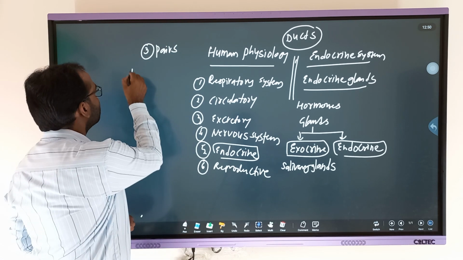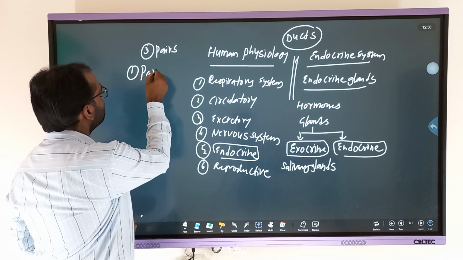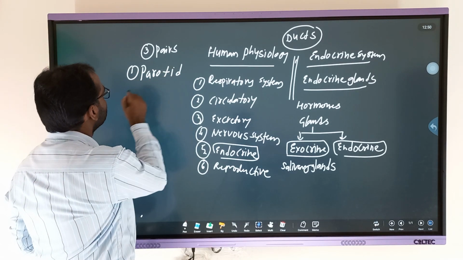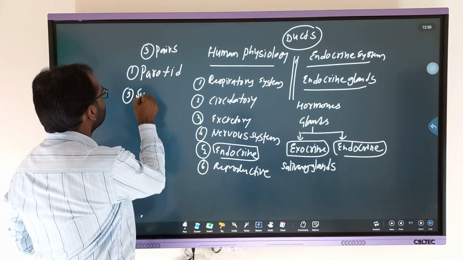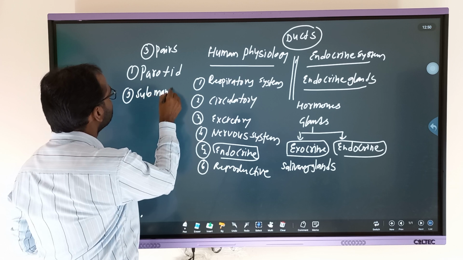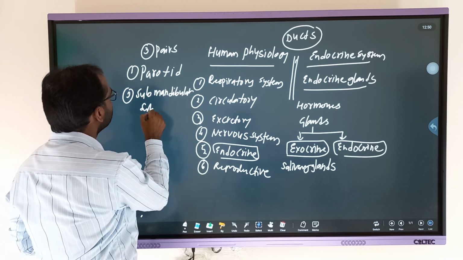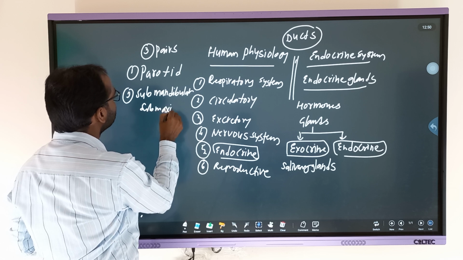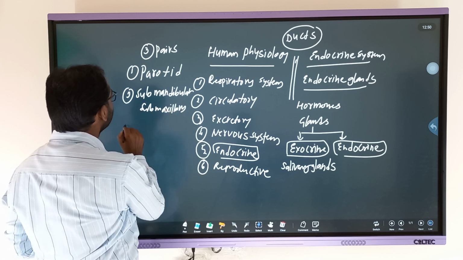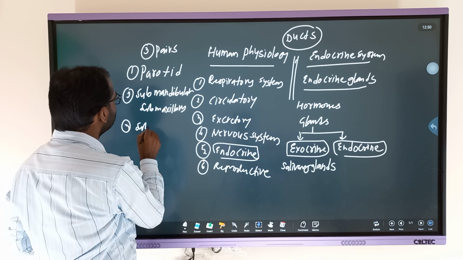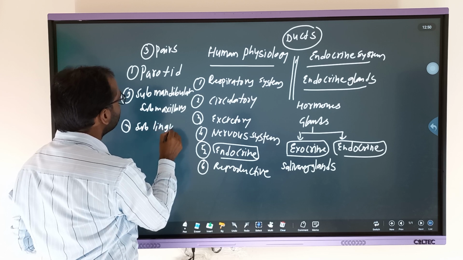The first one is parotid gland, second one is submandibular or also called submaxillary, then third one is sublingual.